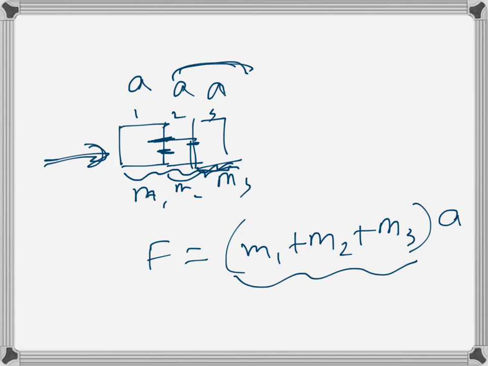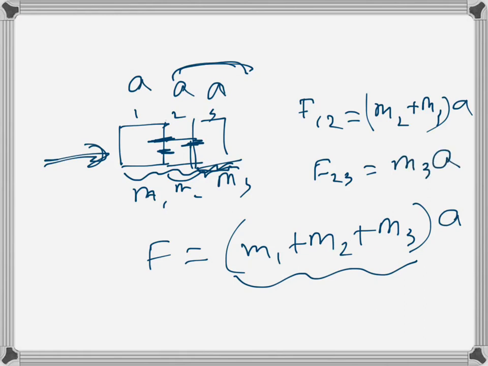So if that force is F12, it would be (m2 plus m3) times that acceleration. And if we call the other force F23, that would be m3 times a, only that mass, because we are calculating the force between these two blocks, so it is just this mass times the acceleration.